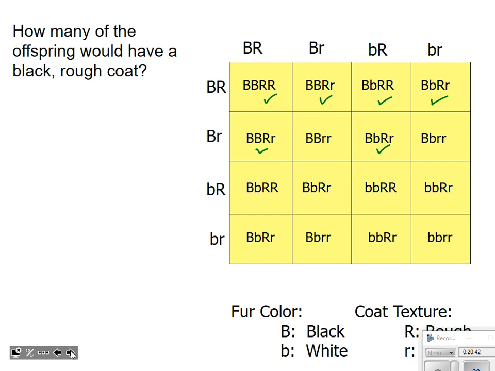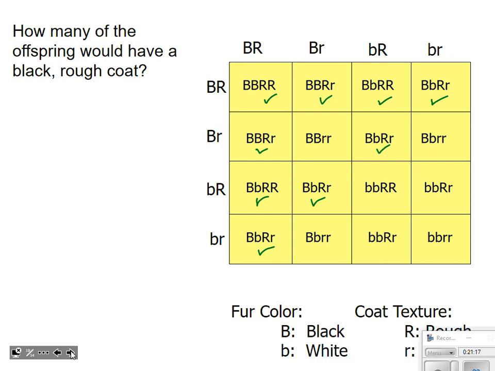Black coat rough, black coat rough, black coat rough. So how many black coat roughs do I have? 9, right? So you should have 9 little tally marks in the box on the next page.